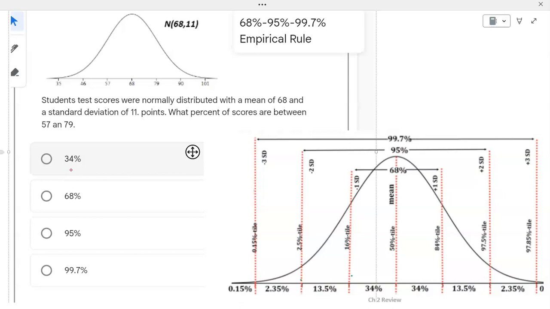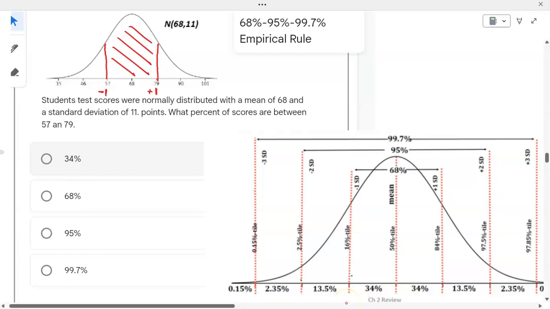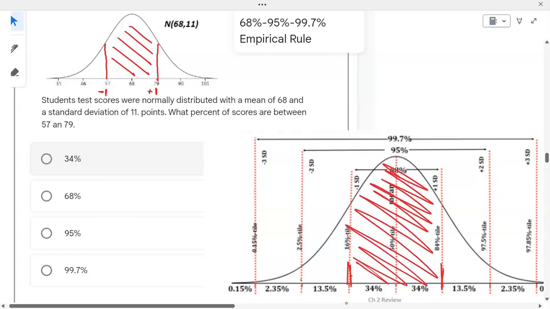Okay, so 57 to 79 would be this portion. As you can see, this is one standard deviation above, one standard deviation below, and between those two standard deviations, that would be a total of 68%.